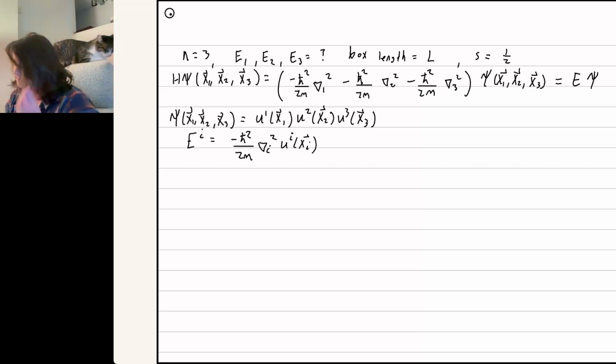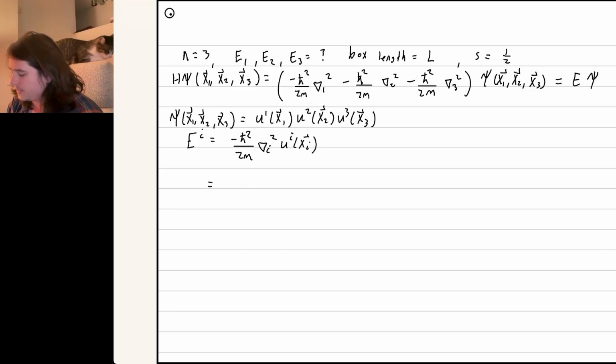Right? But that's just the one direction that you're looking at. That actually has a known value as well.